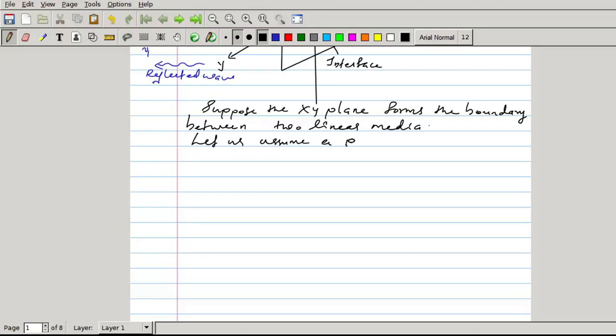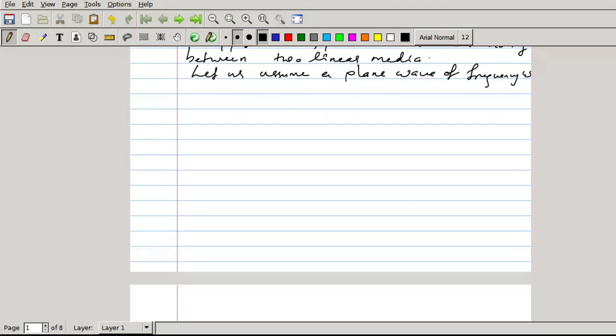a plane wave of angular frequency omega traveling along z direction and polarized.